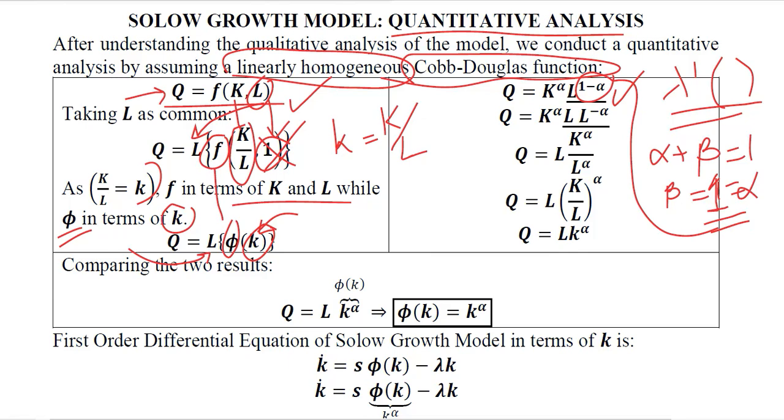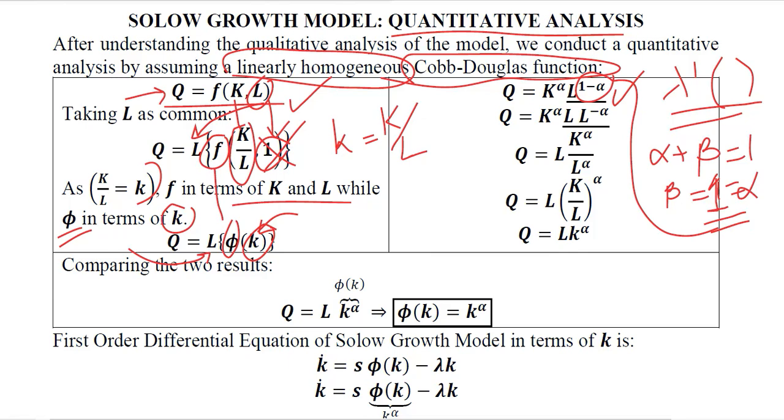This will create ease for us because we won't be writing beta again. We'll be writing one parameter, that is alpha, and that will help us to keep the thing simple and finally come up with a certain equation of the differential kind that we will see as we go ahead.